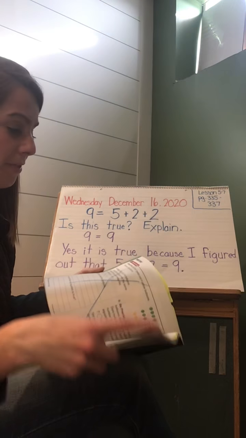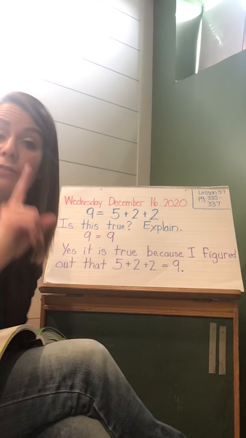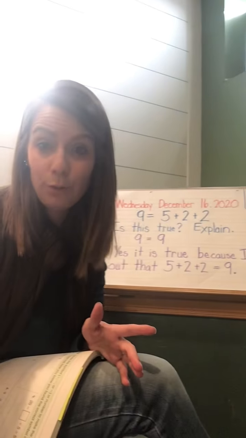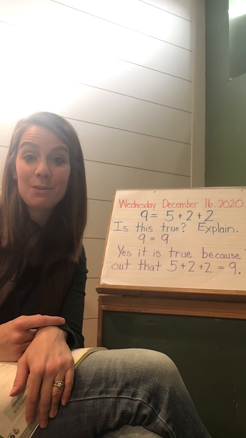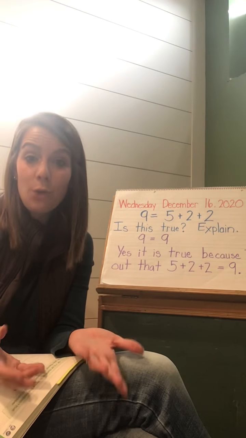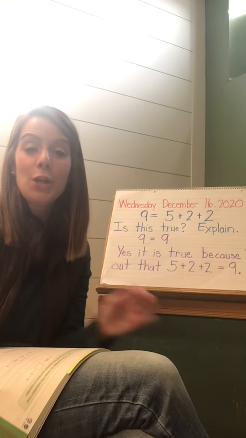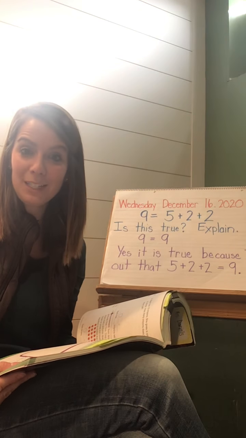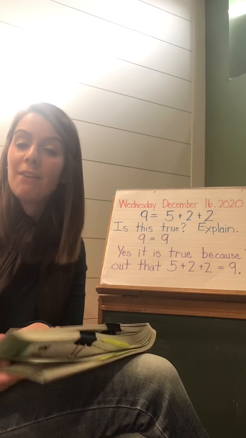No worries about that page. So make sure you are figuring out if it's true, figuring out why it's true, and you can explain that, okay? Remember, part of your I can statement was because we know that equal means the same, and we can talk about it. So make sure today, for Wednesday, December 16th, you're doing page 335 through 337.